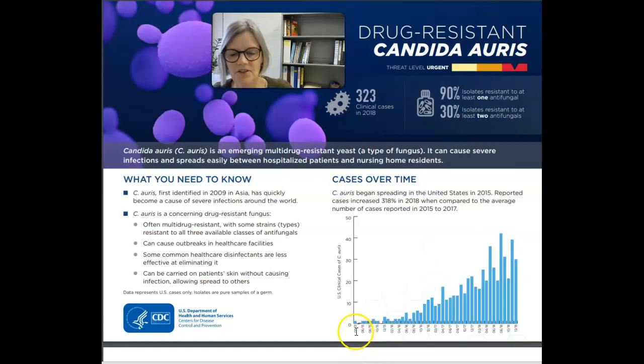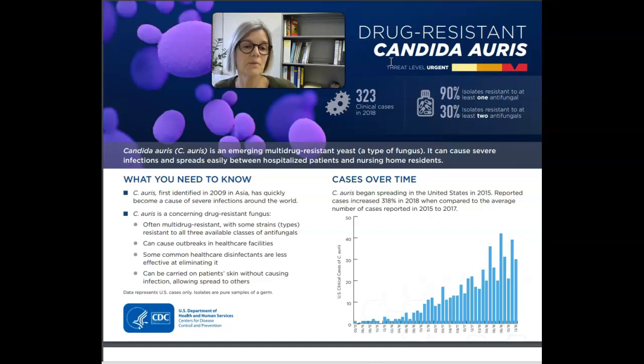It says this pathogen was first identified in 2009 in Asia and has quickly become a cause of severe infections around the world. Now, one of the big problems with this, first of all, Candida is yeast, and yeast is something that a lot of us carry as our normal microbiota, but this particular kind of yeast is much more drug resistant.